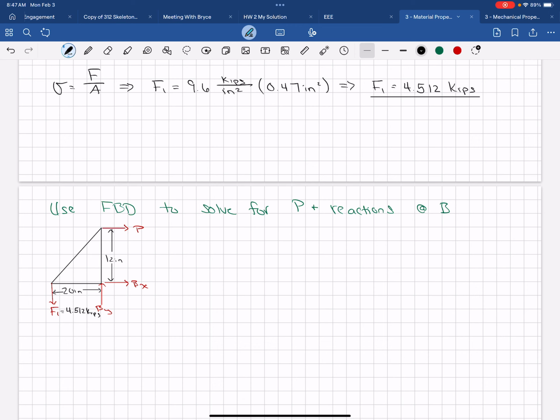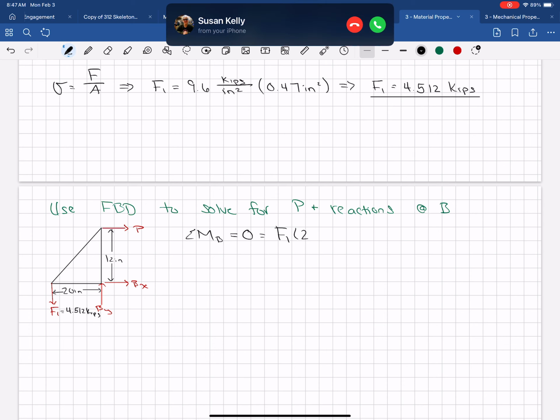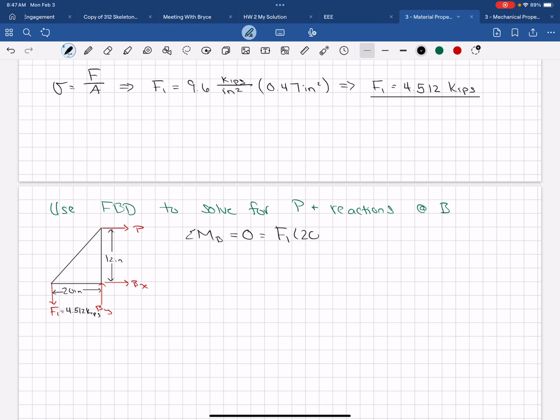So I'm going to sum the moments around B. It's going to equal 0. That'll equal F1, we'll make a positive moment around B, times 20 inches, and then P will make a negative moment around B. That will be 12 inches.